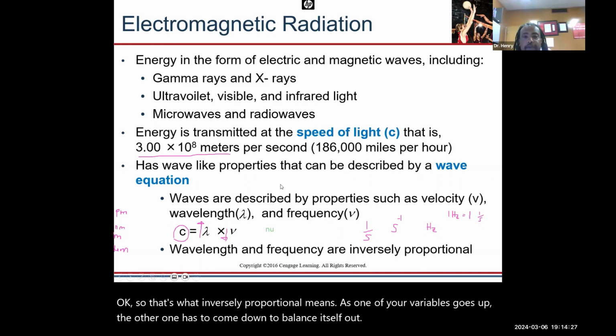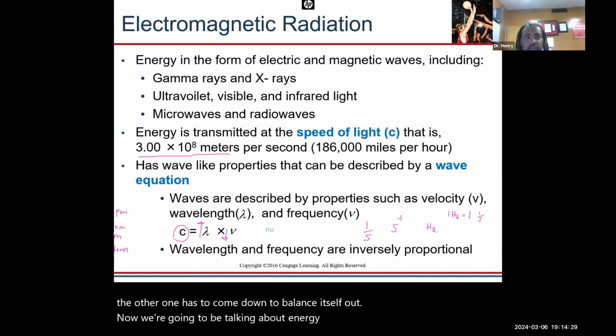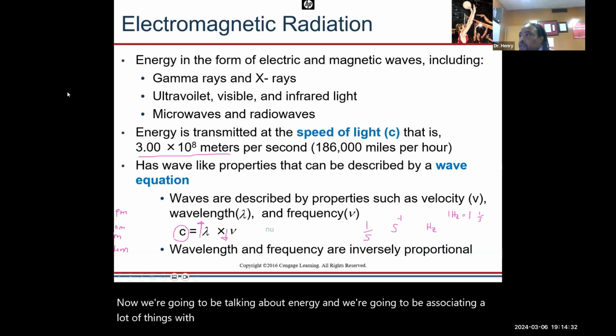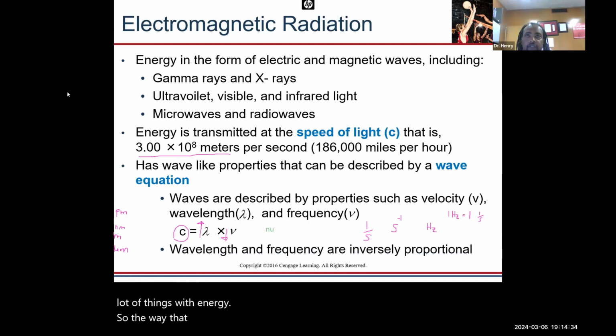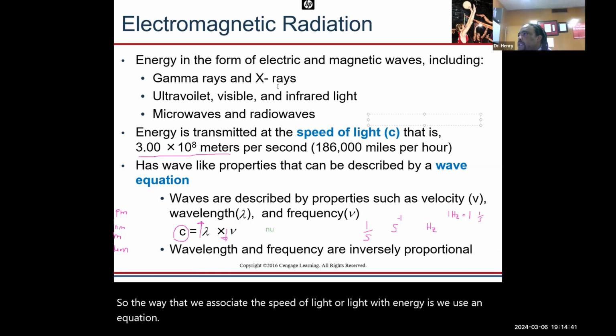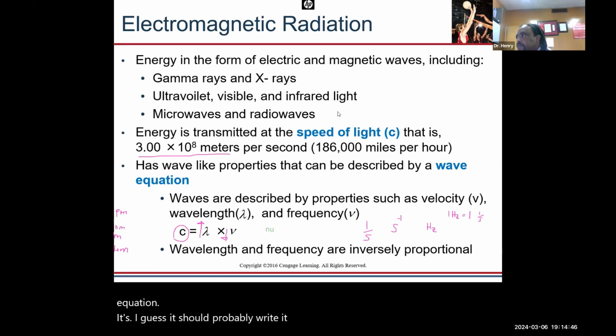Now, we're going to be talking about energy, and we're going to be associating a lot of things with energy. The way that we associate the speed of light, or light, with energy is we use an equation. E for energy is going to be equal to h times nu.